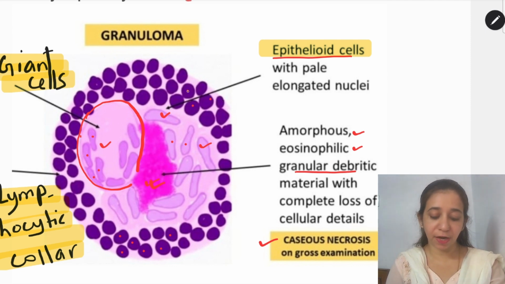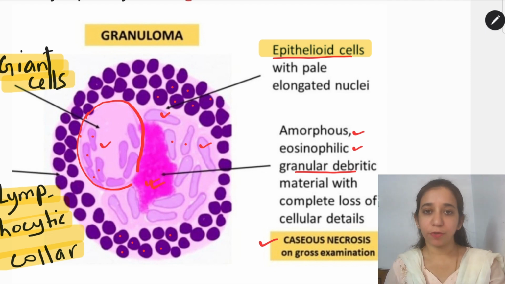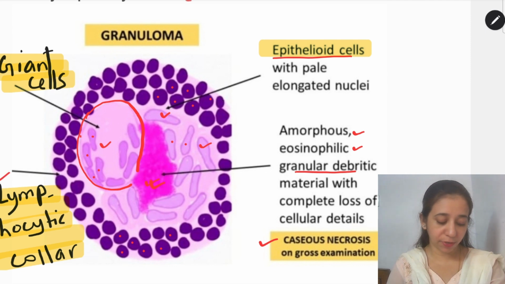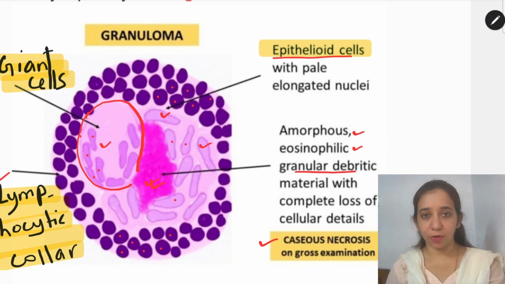These purple cells are the lymphocytes. So this is called the lymphocytic collar. So there is caseous necrosis at the center, around it there are epithelioid cells, and this is the giant cell, and around it is the lymphocytic collar.